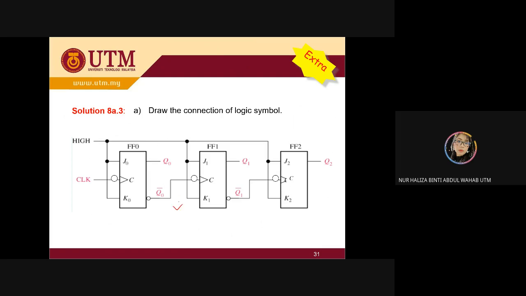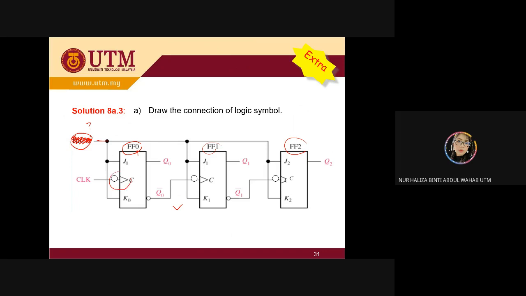So it's all correct. What your lecturer will look into first on the flip-flop is whether it is from LSB to MSB or not. What is the connection for your J and K? If you just draw this but you didn't put high, or you just left it empty, we don't know what input you are assuming.